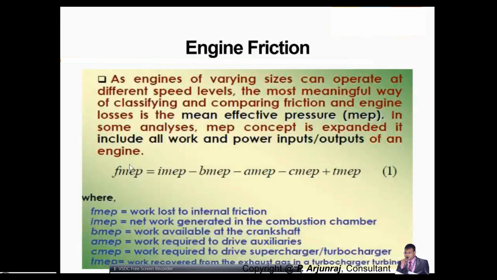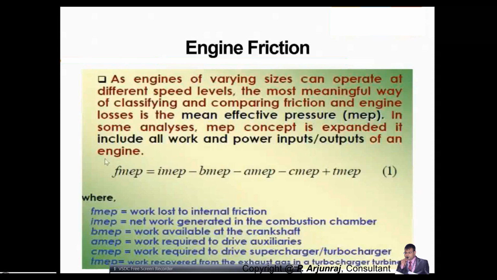The average pressure developed during the course of operation is called the mean effective pressure. From that mean effective pressure, you get both brake power and indicator power. With respect to the output in terms of mean effective pressure, you compare the friction, the indicator power, and the brake power.